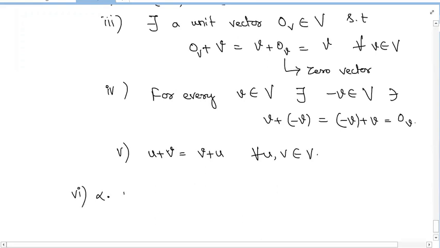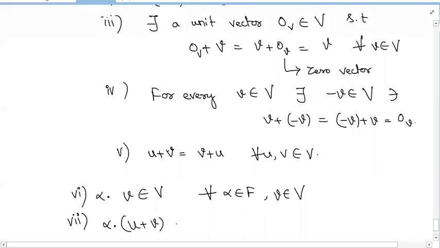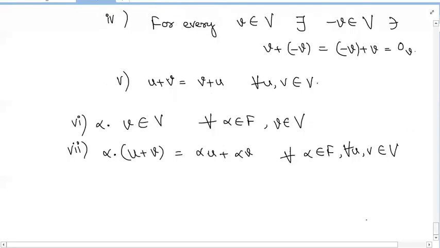Alpha dot v belongs to V for every alpha belongs to F, v belongs to V. And alpha times (u plus v) is equal to alpha u plus alpha v. This is a kind of distribution law. So scalar multiplication over vector addition is distributive.